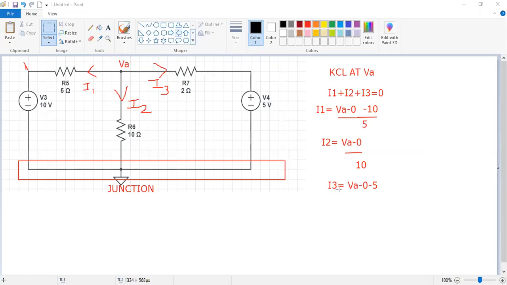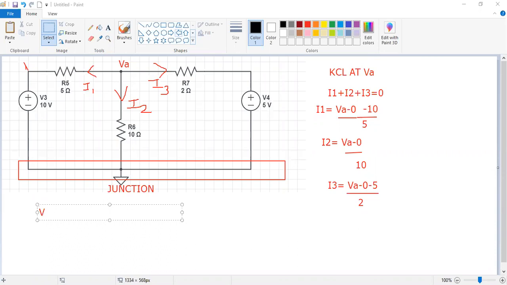So now we can put all these equations into this KCL here. Very simple. I will put all these equations here so we can complete within 2 minutes.